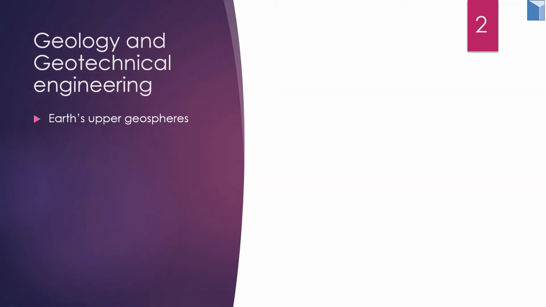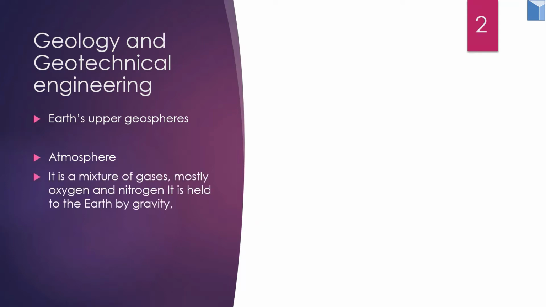The other type of Earth sphere is the atmosphere. And the atmosphere, as mentioned before, is the gas covering our planet. The atmosphere in its turn is a mixture of gases, mostly oxygen and nitrogen.